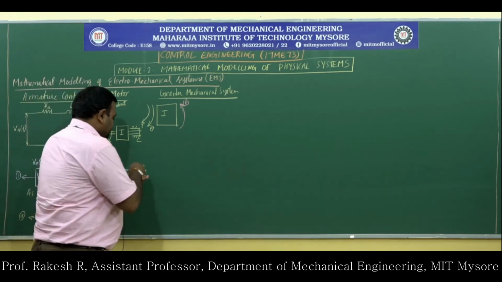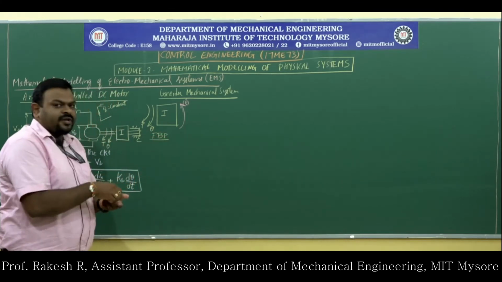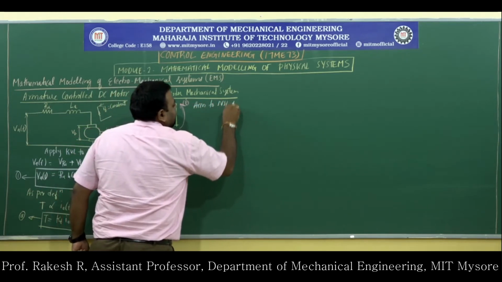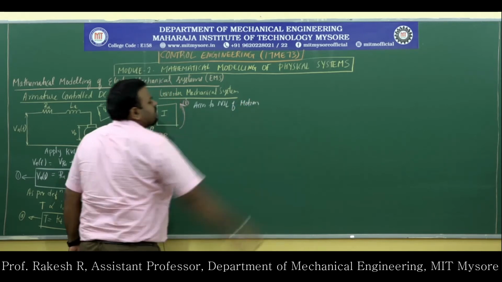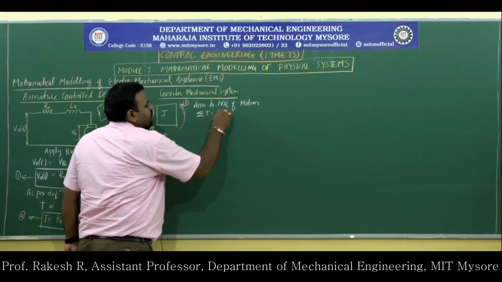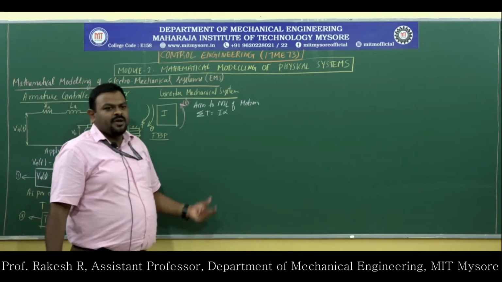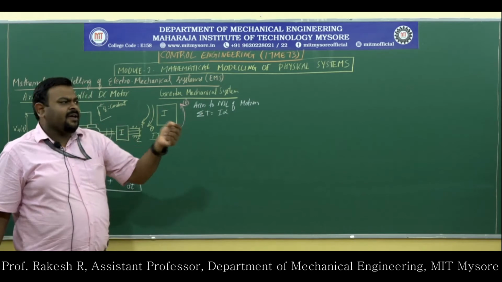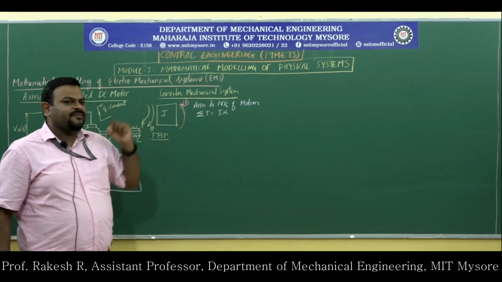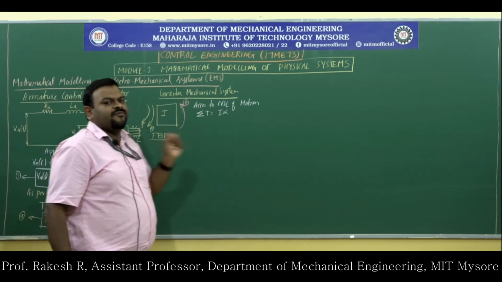This is the free body diagram of the mechanical system, and I will apply Newton's second law of motion. Newton's second law states that the summation of torque equals I into alpha in rotational systems, as you studied in previous sessions. Summation of F equals ma, where the equivalent term for force is torque, for mass it is the mass moment of inertia I, and for acceleration it is angular acceleration alpha.